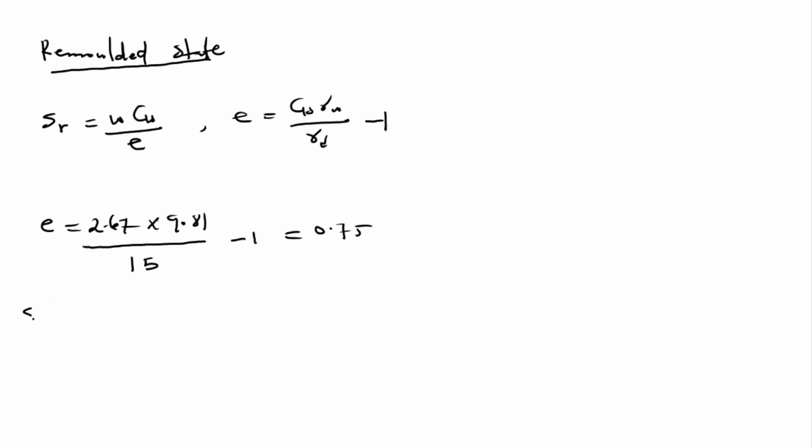And so our degree of saturation is the moisture content of the embankment multiplied by specific gravity all over 0.75, which is equals to 36%. See that there is no much difference between them.